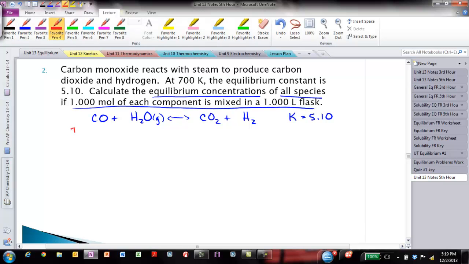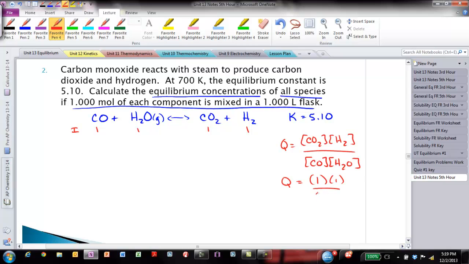Well, if we start off initially, we're going to mix, these are each going to be 1 molar, because 1 mole per 1 liter. So as you can see, we don't know which direction the reaction proceeds because there's nobody that's at a 0. So we're going to check our Q. Our Q expression is CO2 times H2 over CO and H2O. So we plug all those in.